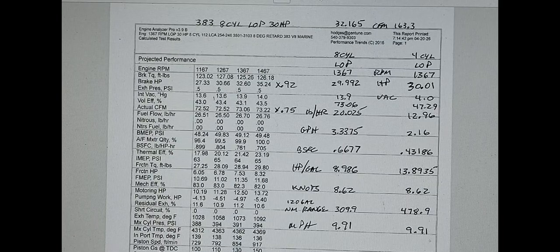Now here's 4-cylinder lean of peak on the right versus 8-cylinder lean of peak on the left. So we just did the 4-cylinder lean of peak numbers. Now we're doing the 8-cylinder lean of peak numbers. Notice we're running all 8 cylinders. So look at the difference in fuel economy.